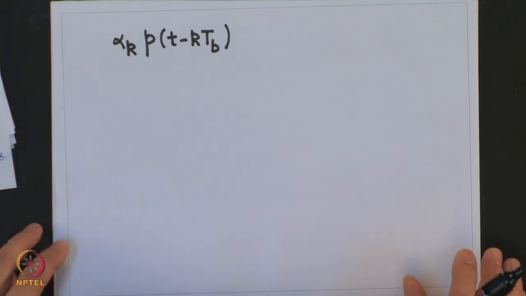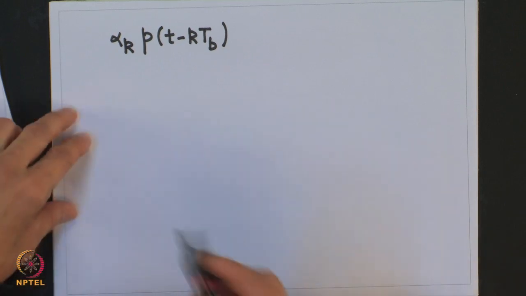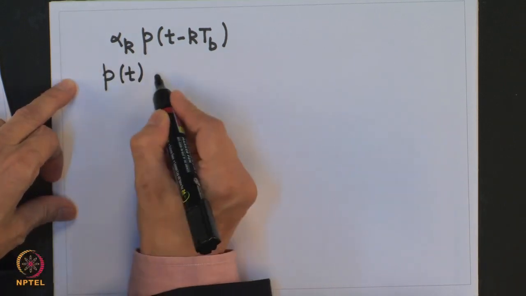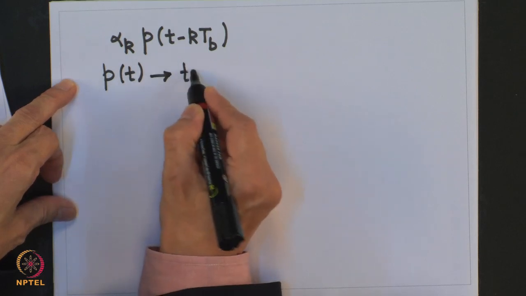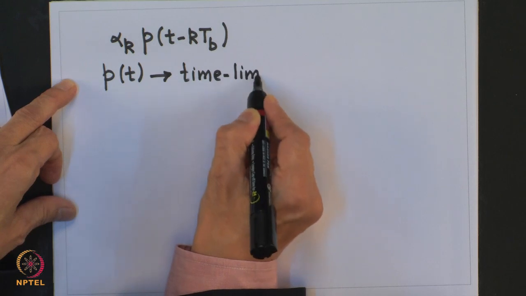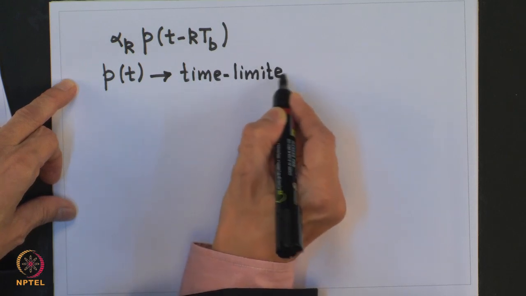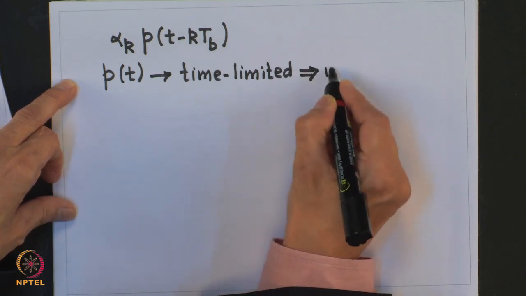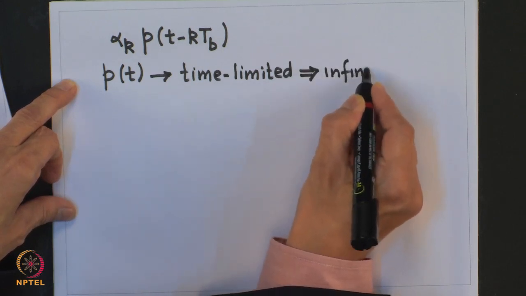Now, in our discussion so far, we have assumed that our pulse p(t) is time limited. What this implies is that it will have infinite bandwidth.